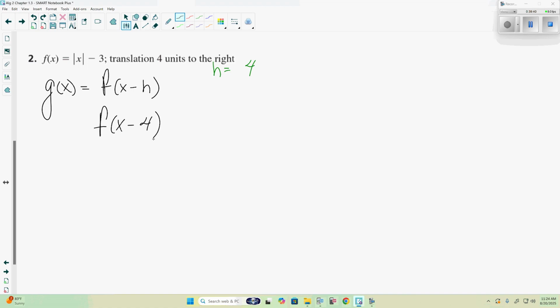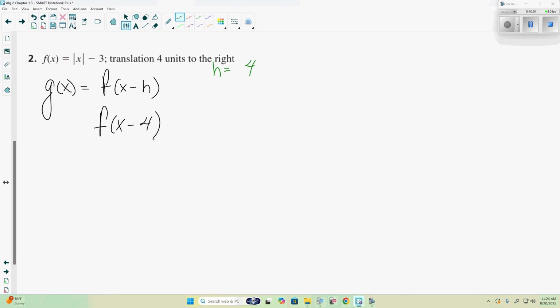The value of h is still positive 4, it's still right 4. But when we have it in that function and in this notation, it looks negative. Are we starting to see that there? It's not so much that the value of h is the opposite of what we think. When we have it in the function, it looks the opposite. Okay?